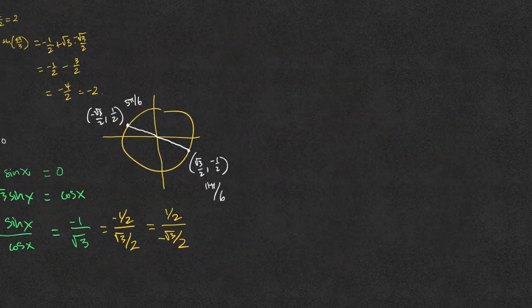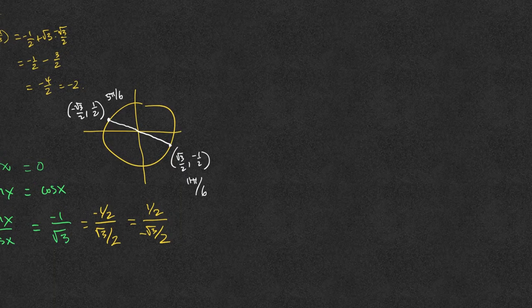With these two zeros, we're going to test the sign of the second derivative. We draw the number line, but only from 0 to 2 pi. The two zeros for f double prime that we found are 5 pi over 6 and 11 pi over 6, not drawn to scale. We then choose a test point in each of these intervals.